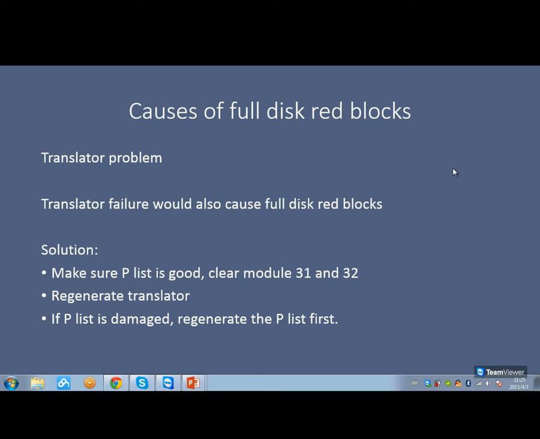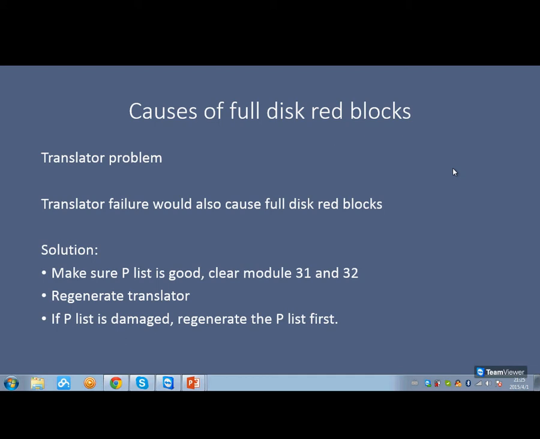But what if the playlist is damaged? If you scan the playlist and it finds an error, or if you double click or try to open the playlist base and it's not normal, the playlist is corrupted. So if the playlist is damaged, you have to regenerate the playlist first. To regenerate the playlist is easy.